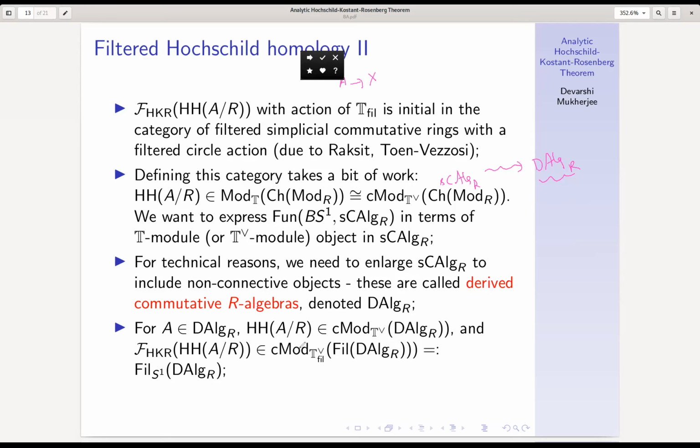So this is now sitting inside co-modules inside the filtered dual circle algebra inside the filtered derived commutative algebras. This is exactly what this category is, but we need to do this extension to derived commutative algebras. Anyway, the take-home is that this HH with the filtration satisfies a universal property which is analogous to this one.